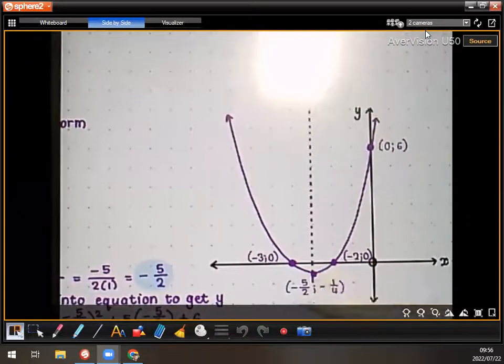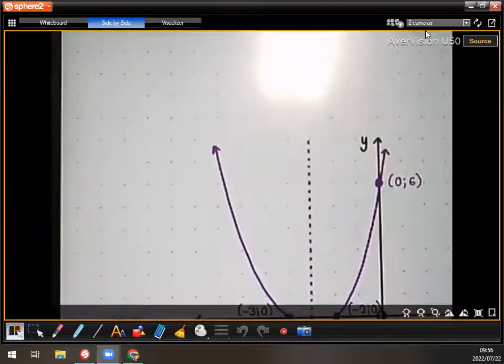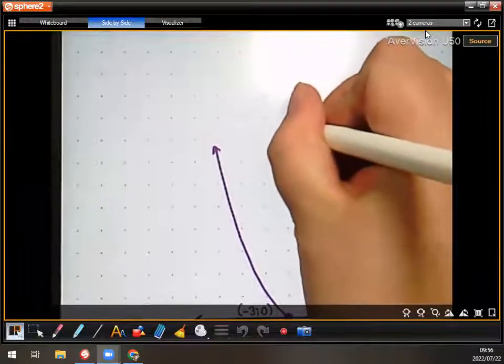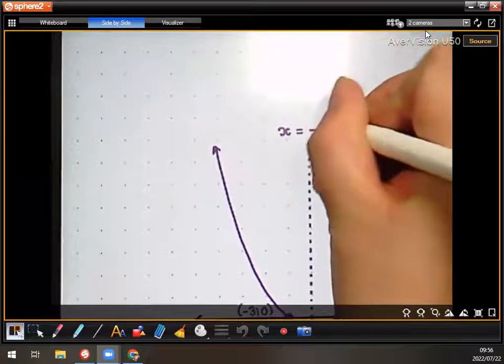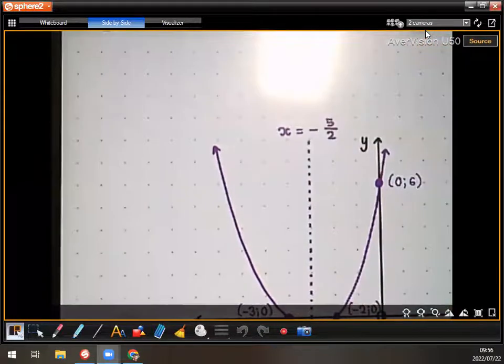I'm going to write it at the top because at the bottom I already have something written there. I'm going to write x equals negative 5 over 2. So that is the equation of that line.